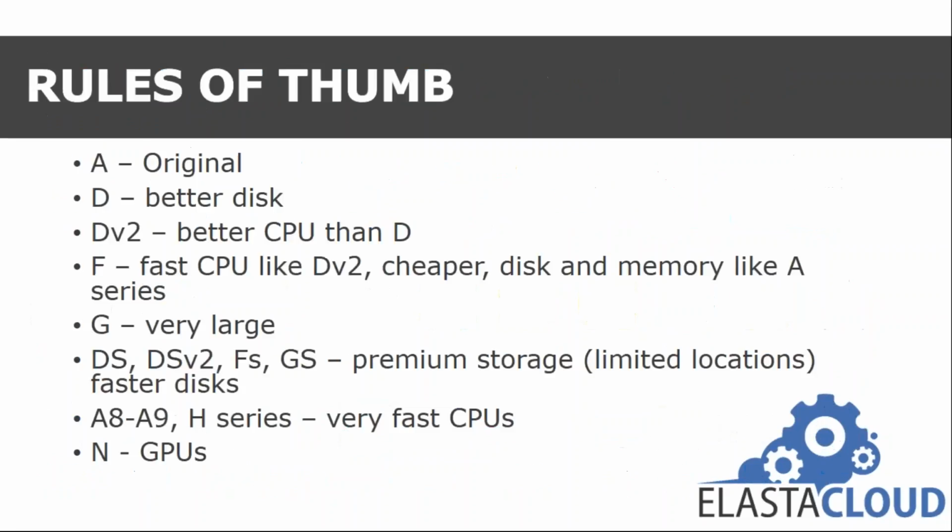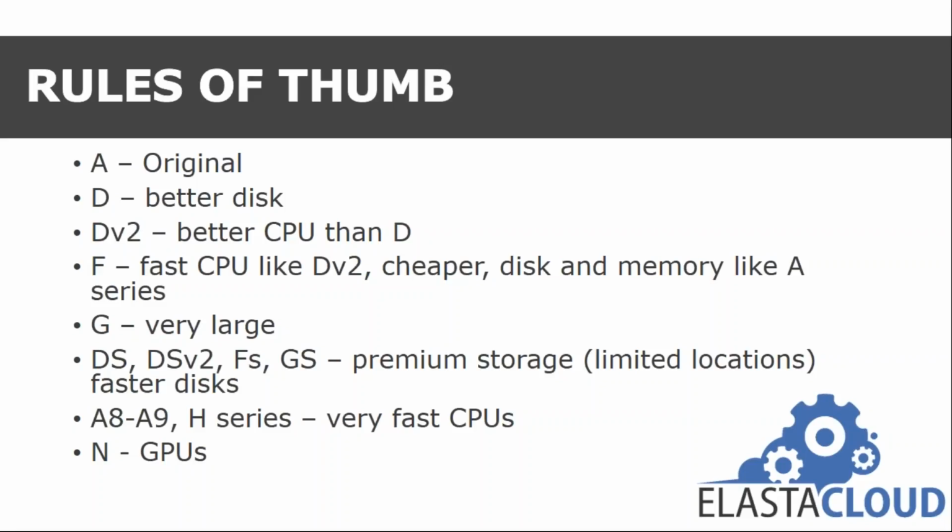Okay, so from a server perspective, you also have a huge wide range depending on your budget, and we'll just give you an overview here. The A series is the original series of servers, which really for many organizations are the lowest cost way of migrating to Azure, and are a great solution.